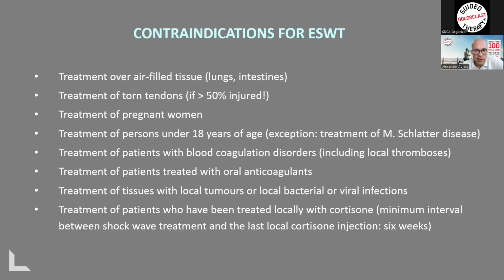Treatment of torn tendons, if more than 50% are injured. The reason for this is a lower contraindication, because if you have a tendon rupture with more than 50% injury, and you're doing a shockwave treatment there, and after your treatment, your patient is doing a strange movement and has a full tendon rupture after this movement, it was always the shockwave therapy at the end which caused the tendon rupture.